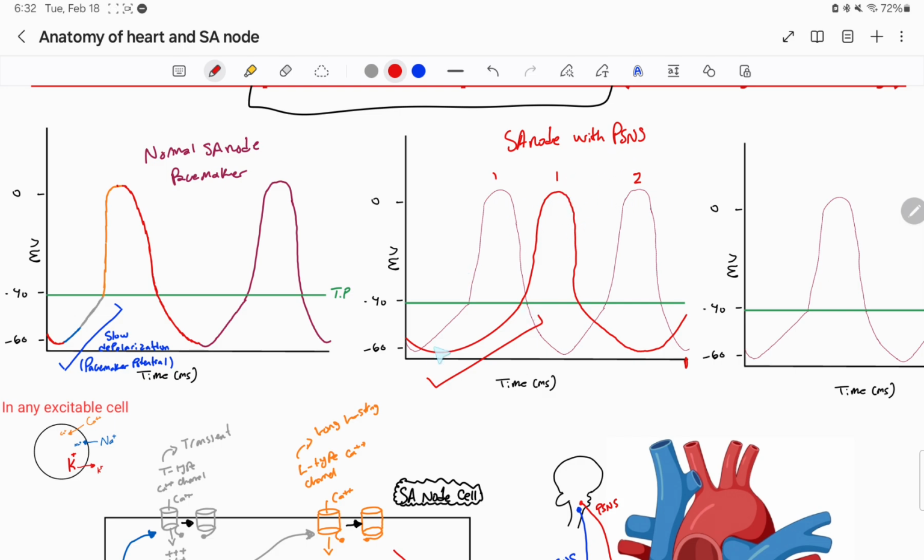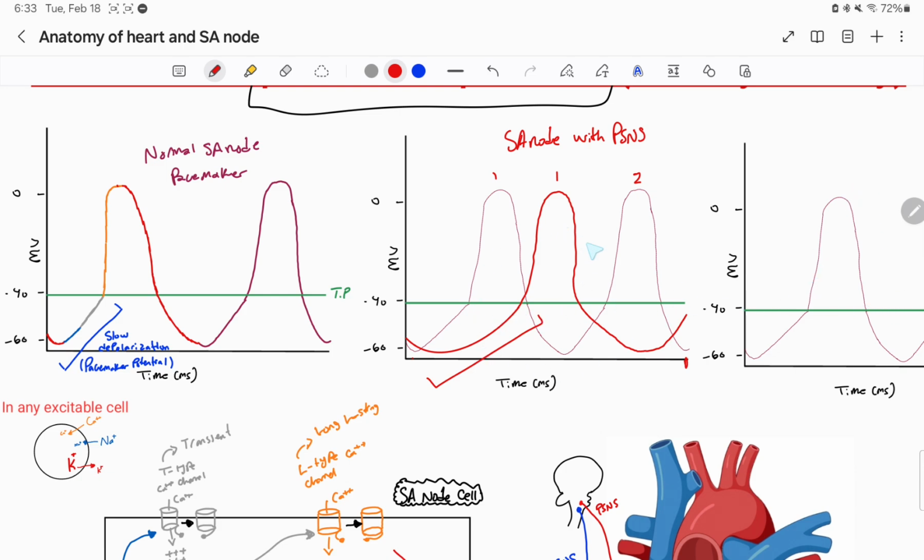What does this tell you? This tells you that the parasympathetic nervous system is slowing down the rate of my slow depolarization, which means it's slowing down the rate at which I reach the threshold. If it's doing that, that means it's taking me a longer time to launch the action potential. And because of that, I only have 1 here rather than 2. And it'll keep doing this, right?